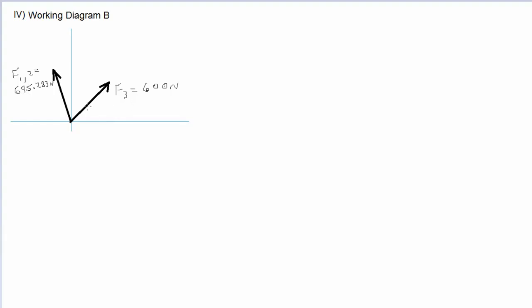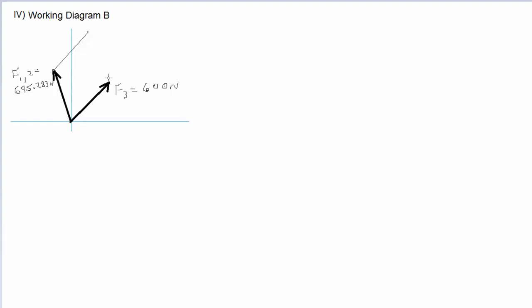Okay, we are not going to redraw F1 or F2. That's a common mistake. A lot of times I'll see students take F1 and combine it with F3. You're counting for F1 twice then. So we're just going to have F1,2 and F3 on this particular diagram. Now, just like before, we're going to want to take F3 and slide it up and draw a parallel line to F1,2.